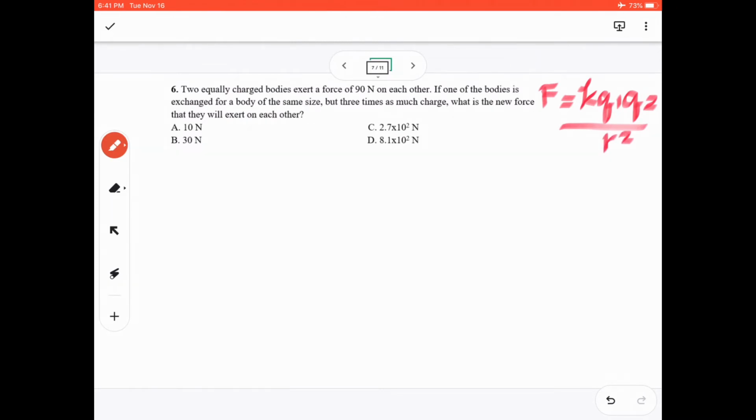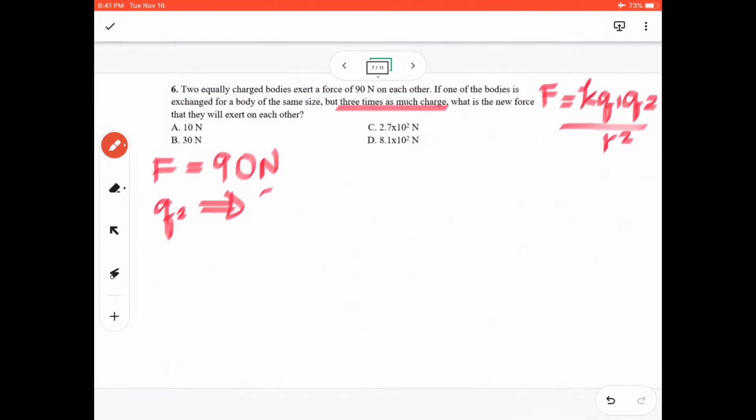Now we are given the force, which is equal to 90 newtons. In the previous problem, we changed the distance between the two charges, but in this case, we changed the charge of one of the charges. Let's say Q2. We changed Q2 into 3 times as much charge.